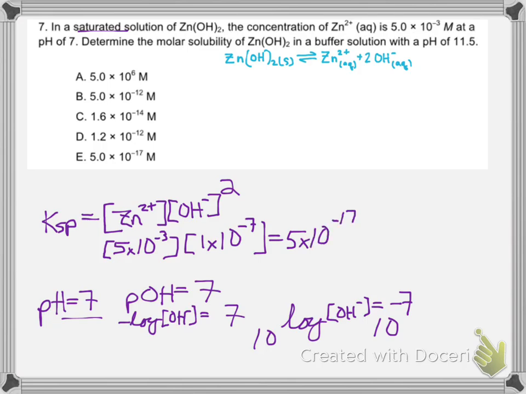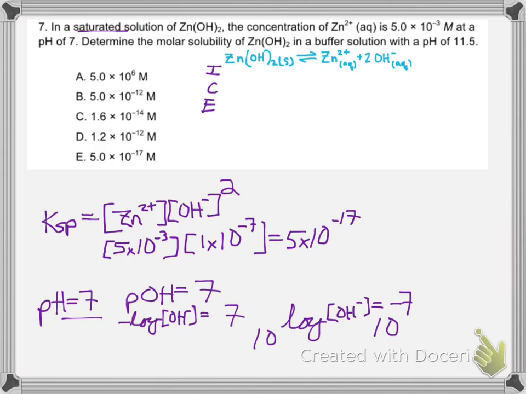Okay, now we're ready to solve for the buffer solution at a pH of 11.5. So, since this is a solubility problem, again, when in doubt, ice it out. So we'll write our ICE table. And in this case, because we have a buffer solution, that means we've got an external source of the common ion hydroxide.